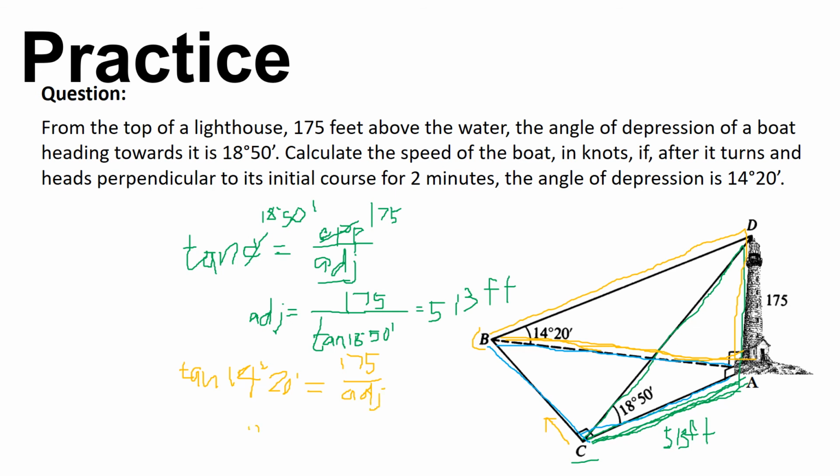You transpose adjacent and the tangent of the angle. If you try to solve it in your calculator, 175 divided by tangent 14 degrees 20 minutes, your answer would be 684.88735 feet.